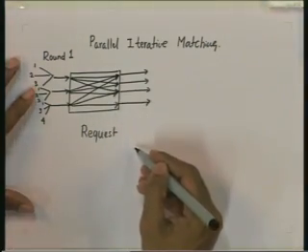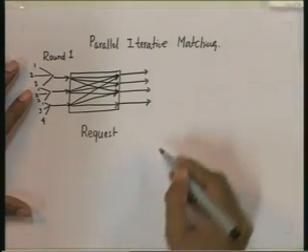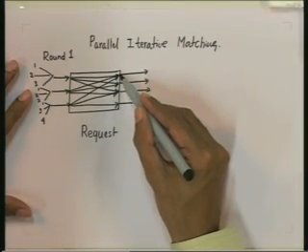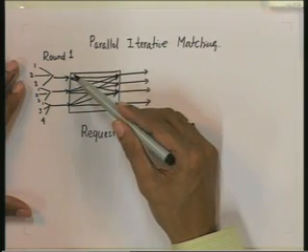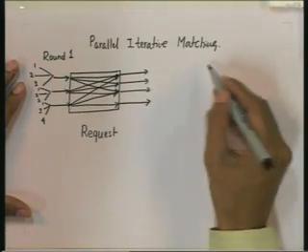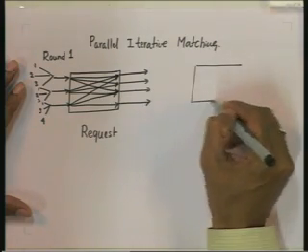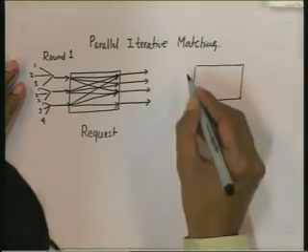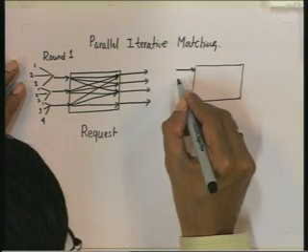So, this is the request phase, and then you have the grant phase. Now, as you can see here, output port 1 receives requests from input port 1, input port 2 and input port 3. So, it can randomly select which one of these input ports it wants to give a grant to.